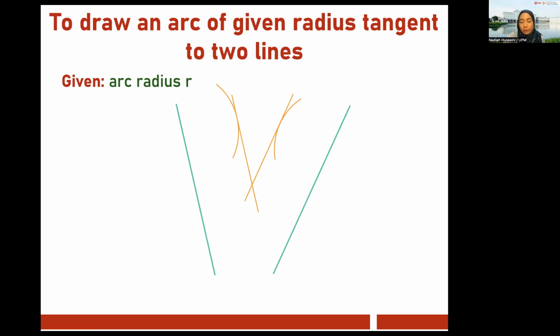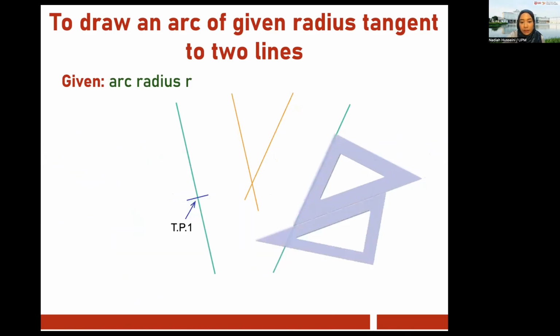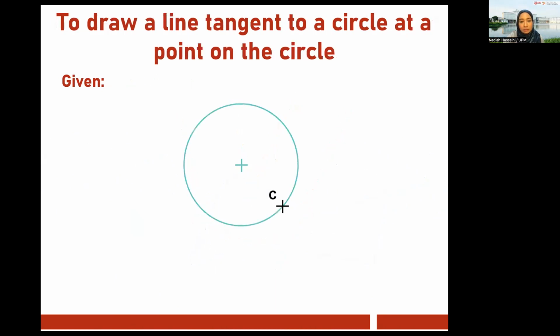And then you make a line that is perpendicular to this line, but that line should go through the center point or this intersection point. So you get your sides over here. And then that is your starting and ending point of your arc, that is tangent to your lines. Okay, again, anything works as long as you get the correct and precise result.